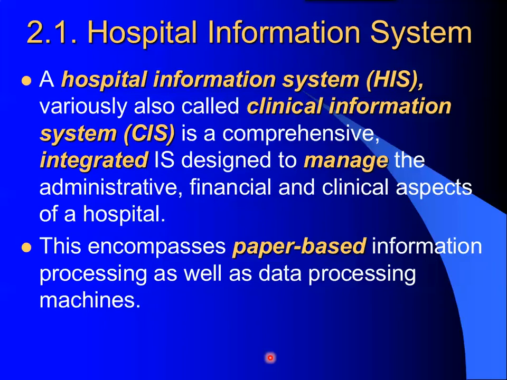Within both HIS and CIS, hospital as well as clinical information systems, we are talking about replacing paper-based information processing with electronic data processing and creating electronic medical records. Both systems are integrated and designed to manage different aspects, like administrative, financial, and clinical aspects of data management in hospitals.